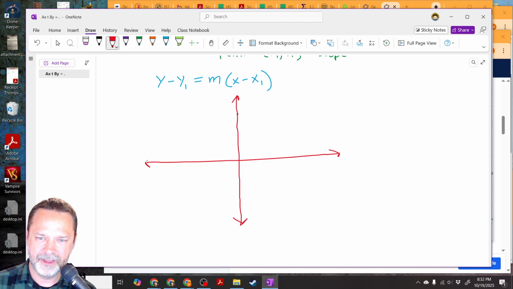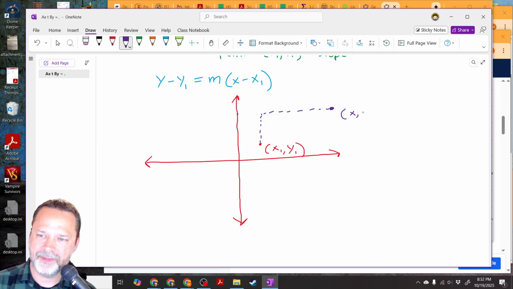So this time, we're just going to pick 2 points. And I'll say here is x1, y1. So I know a point, and then I know the slope. So again, I can go my rise over my run. I can get to another point. And what is that point? We'll just say that's some x, y.